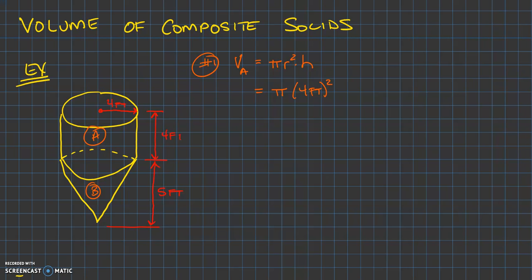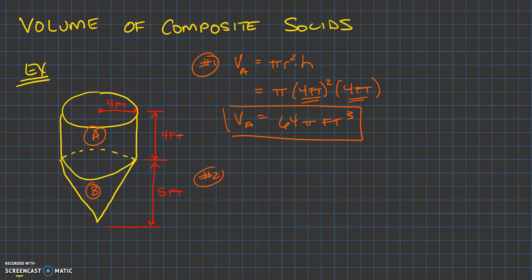We're going to square that and then multiply by the height, which is also 4 feet. So if we leave pi in our answer, we have 16 square feet times 4 feet, which is 64 pi cubic feet. So the volume of A is 64 pi cubic feet.